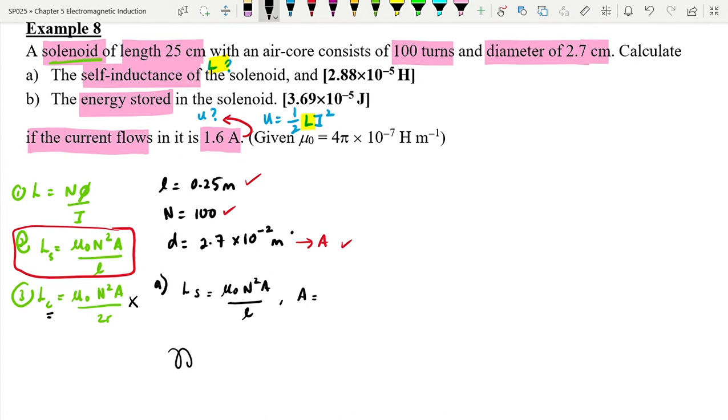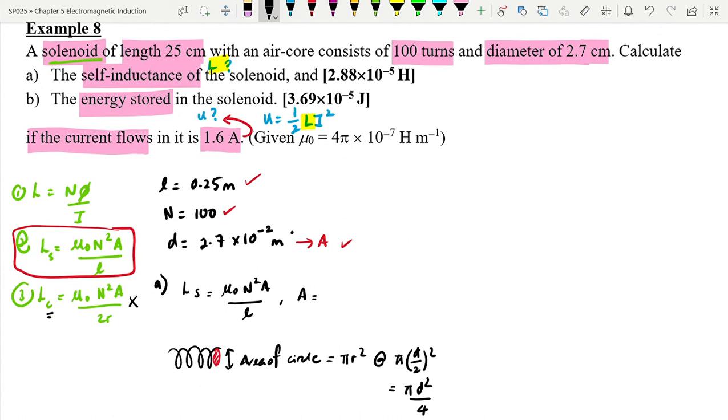Tapi dia punya cross-sectional area adalah area of circle, sebab bayangkan daripada side tepi kita akan nampak dia bentuk bulatan. So area of circle is given by pi r square. Kalau in terms of diameter, pi, diameter over 2 square, so dia jadi pi d square over 4.